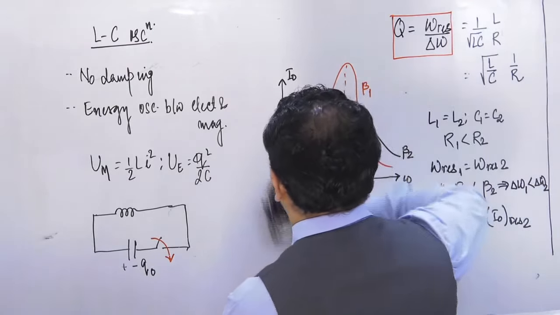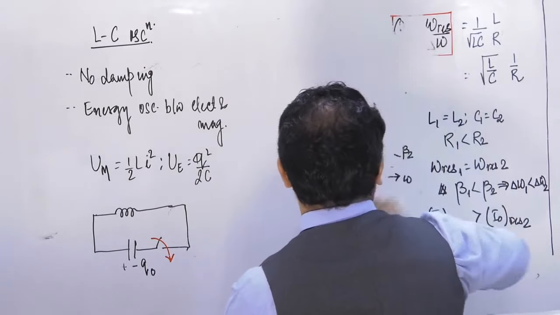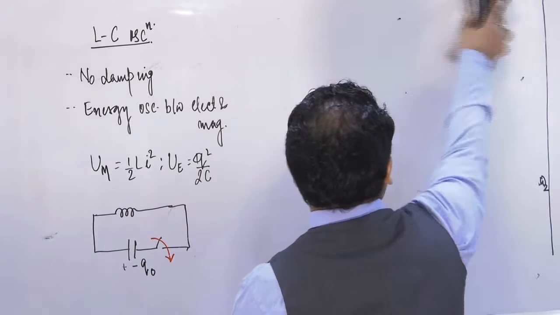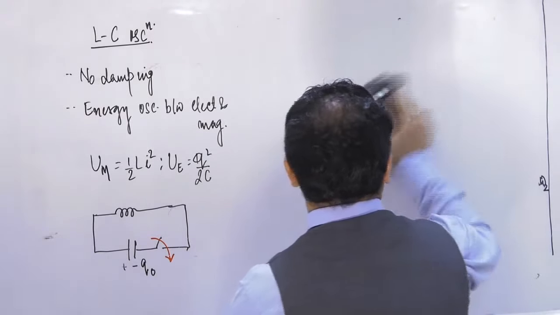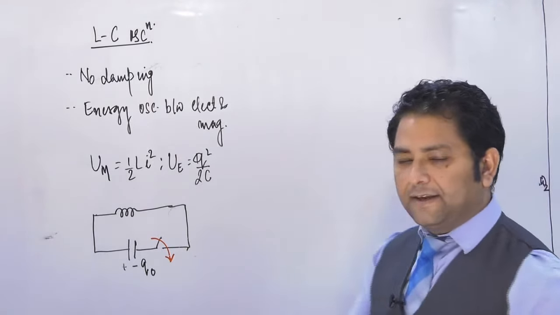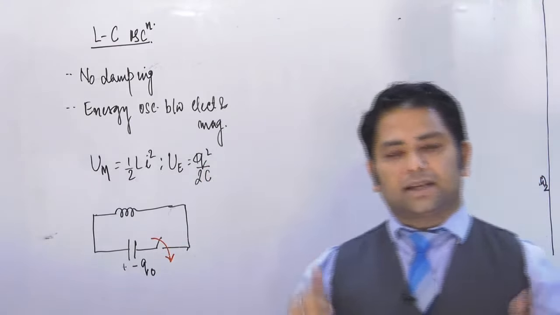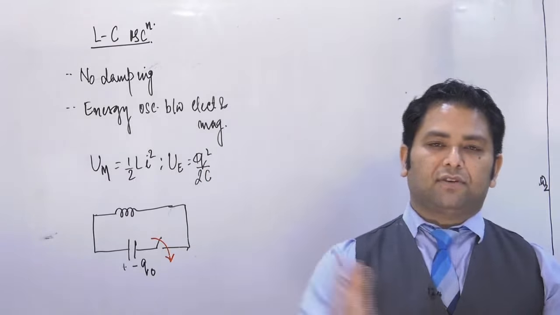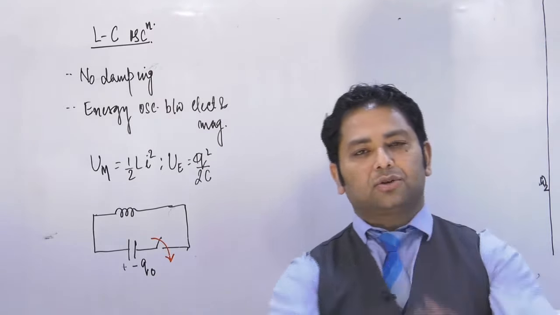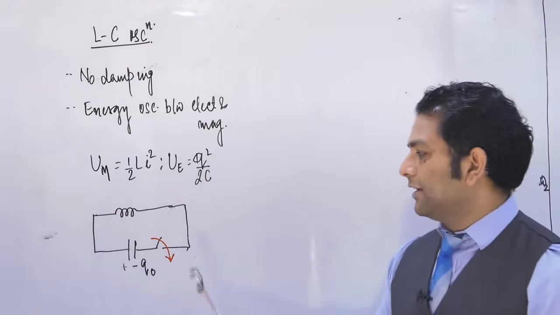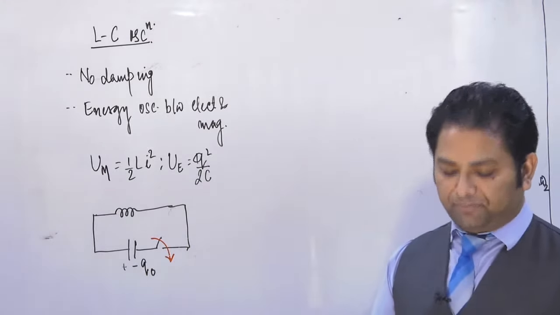The resistor is there, and that resistor is going to dissipate the energy. So slowly and steadily, in practice, finally everything will die out. Like in the case of a pendulum, after a number of oscillations, it will again settle at the mean position. Exactly in the same way things would happen.